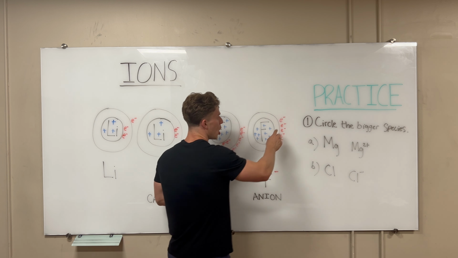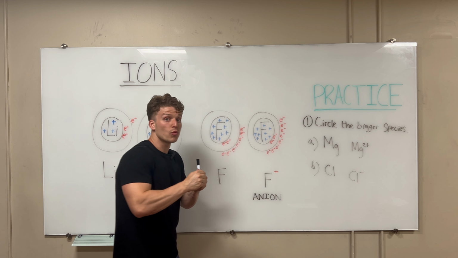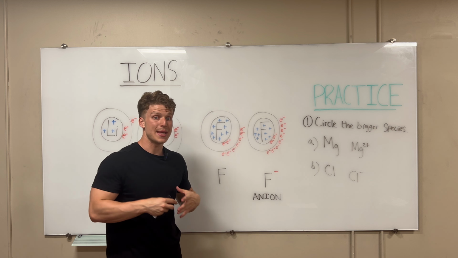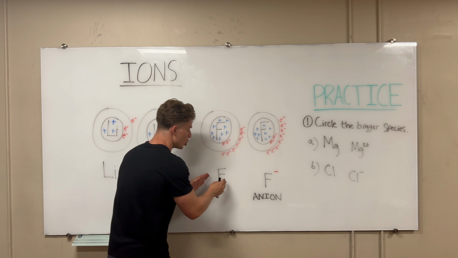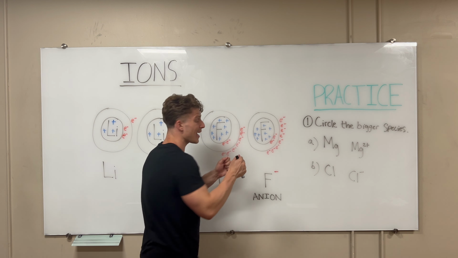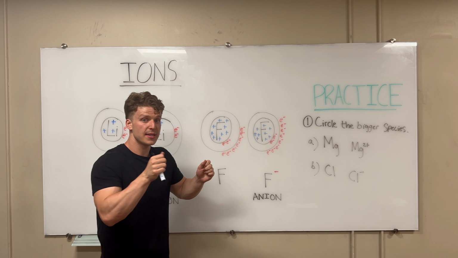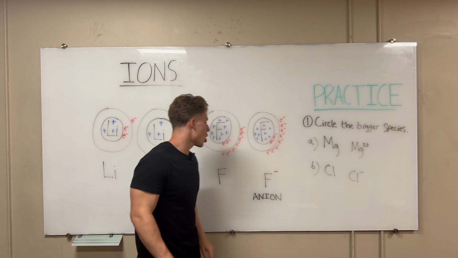So over here, we're actually going to have more negative things repelling each other, actually causing the anion to be bigger than its neutral counterpart. So compared to the neutral species, we have more electron-electron repulsion, right? More negative things in there repelling each other than the neutral species, so anions are bigger, right?